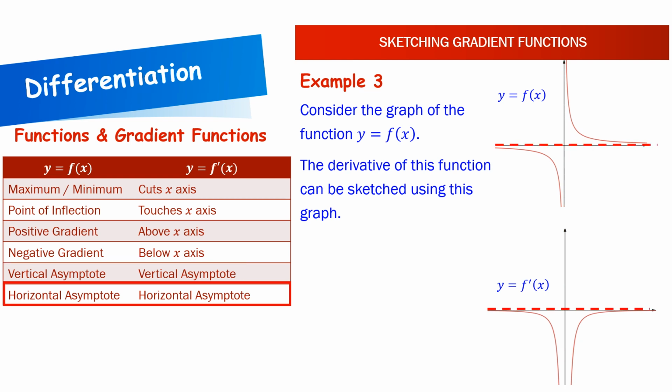And finally, we have a horizontal asymptote in y equals f of x, here as indicated, and therefore we have a horizontal asymptote in the same position for y equals f dash of x.